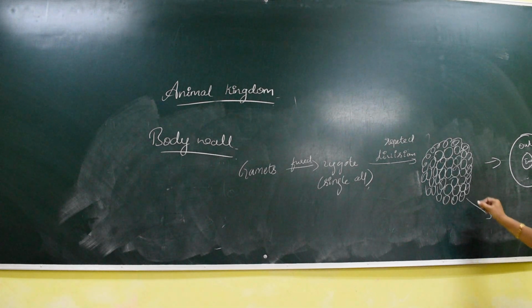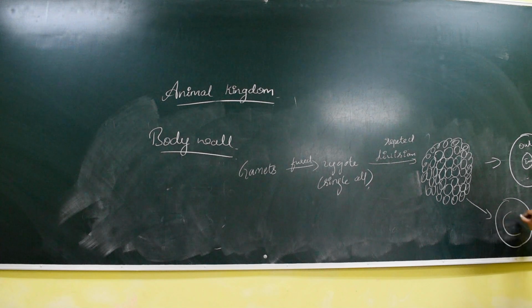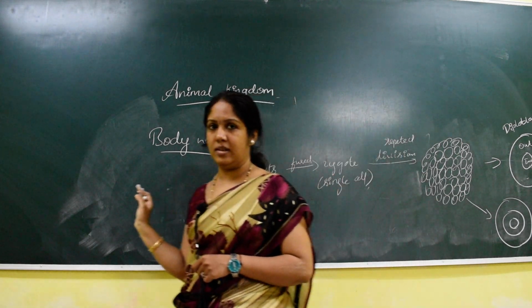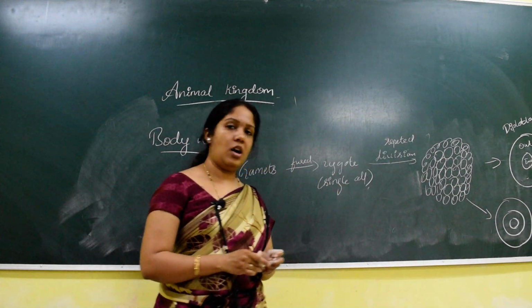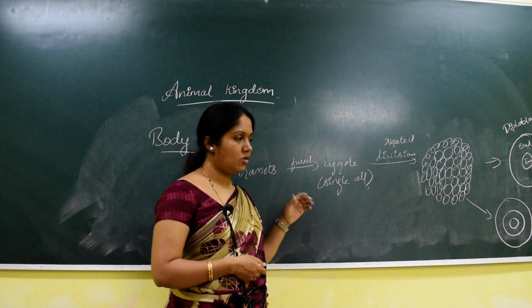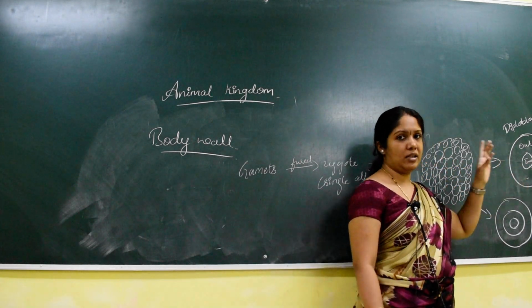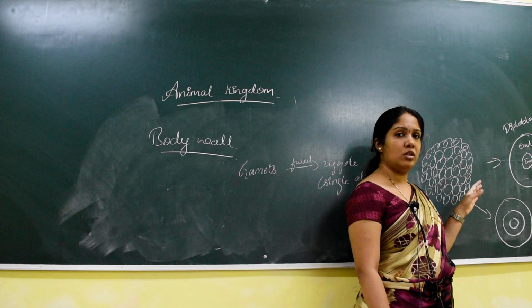Whereas if the cells of the organism are arranged in three layers, then this is termed as triploblastic. This is referred to as diploblastic. It means during the process of development of an organism in the mother womb, the organism may develop from two germ layers.